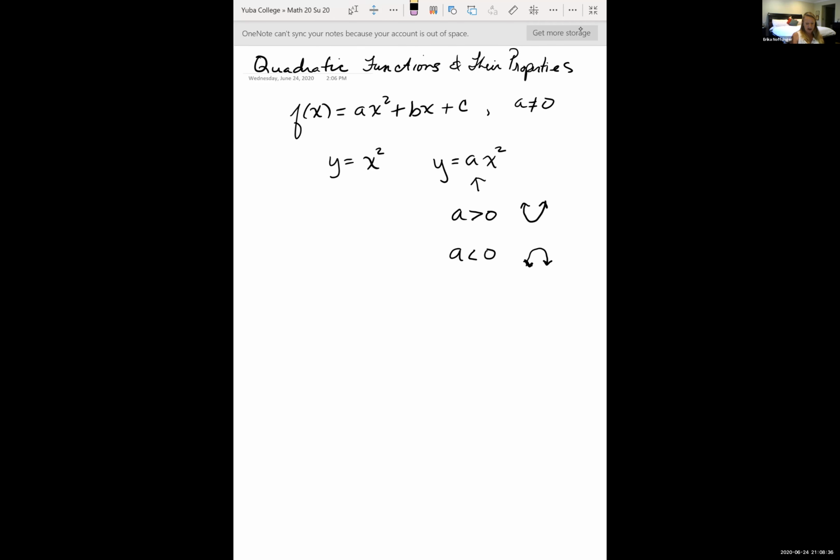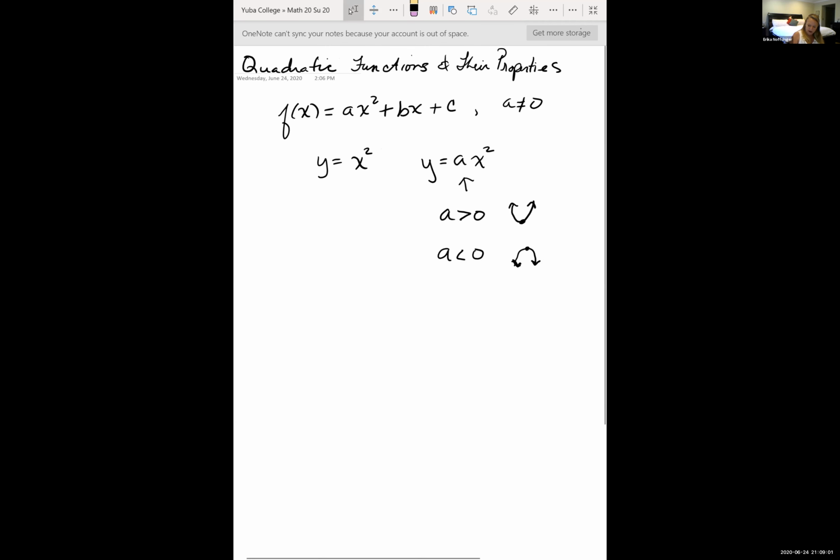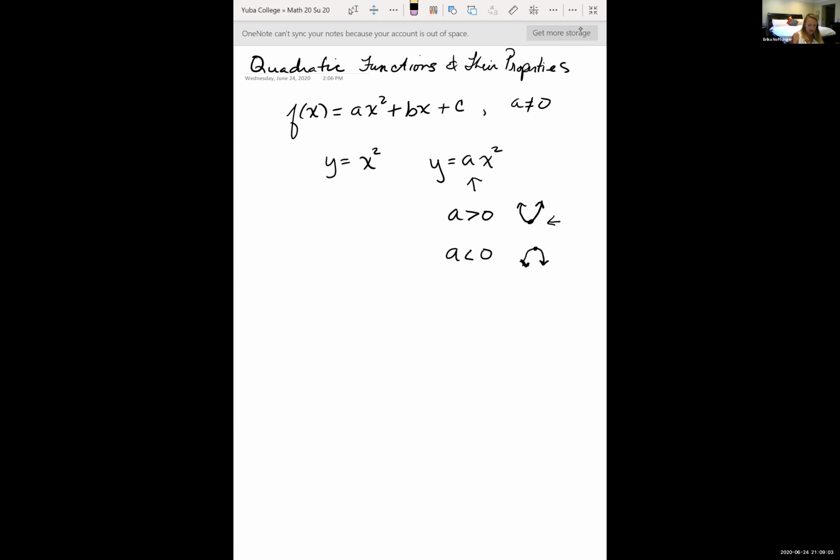So the value of the number in front of our x squared tells us which direction the parabola faces. Depending on which way the parabola faces, you're going to have a maximum or a minimum point, and these would be absolute max or absolute min. This point here is our vertex, and this would be an absolute min. So if a is less than 0, the parabola faces down, and we have an absolute max.